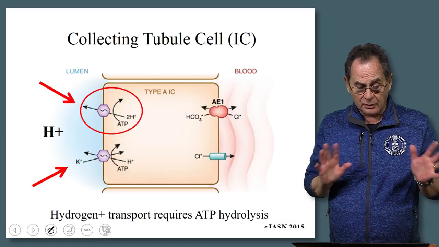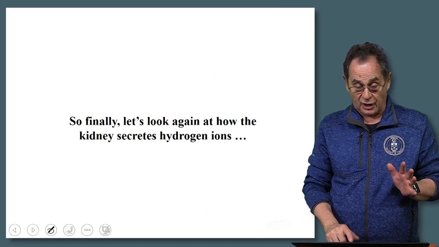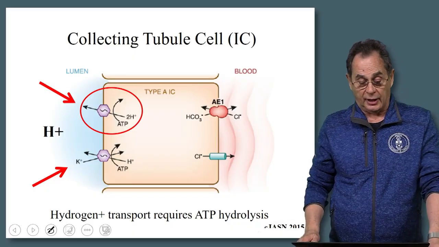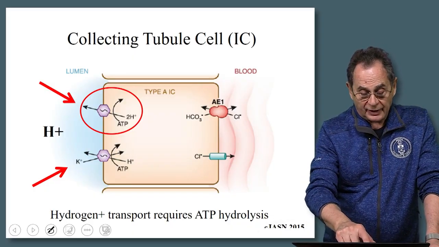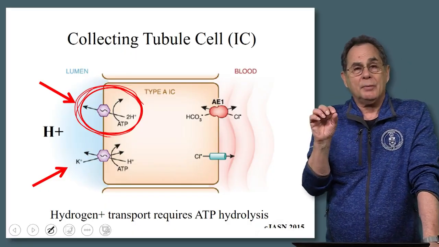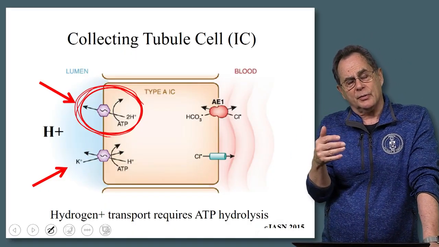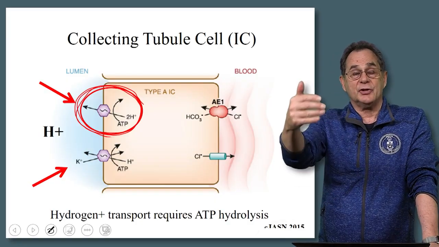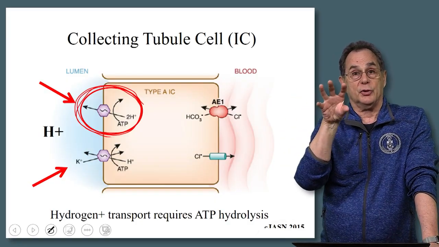So let's take one look at a slide we saw before, and we ask, how does the kidney secrete hydrogen ion? And the dominant way that the kidney secretes hydrogen ion is shown here. Remember when we talked about sodium absorption in the cortical collecting duct and potassium secretion, we focused on the principal cell.